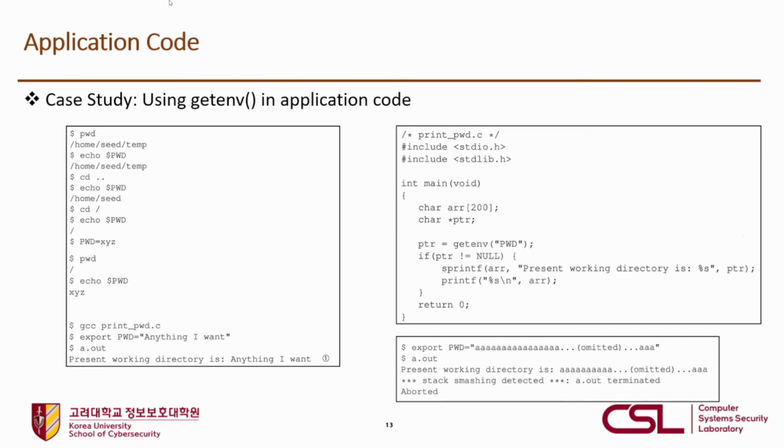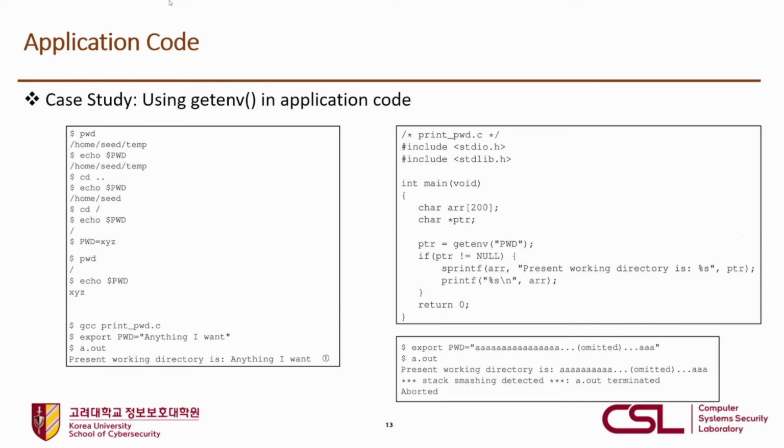You can see home seed temp. Then let's check the pwd, which stores the current directory as an environment variable. Let's change the path and check the environment variable pwd again.